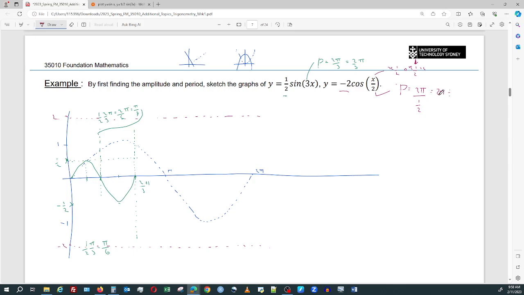We've learned to do this on quite a few occasions. So we've got 2 pi times 2 over 1. So our period is 4 pi.